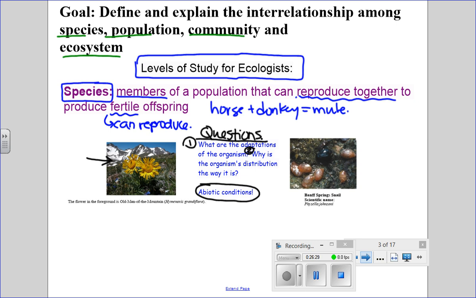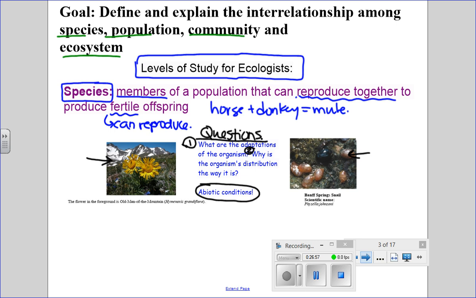On the right, these are the snails that exist in the Banff Springs. It's a particular species of snail. So there's one plant and one animal. And you'll know that we're at the species level because, I'll be really blunt, this is this particular type of organism. So we could ask ourselves, what does this organism have that's allowing it to survive?